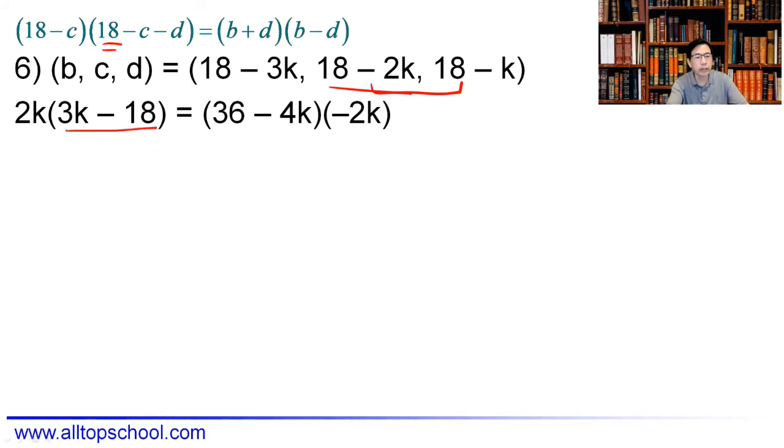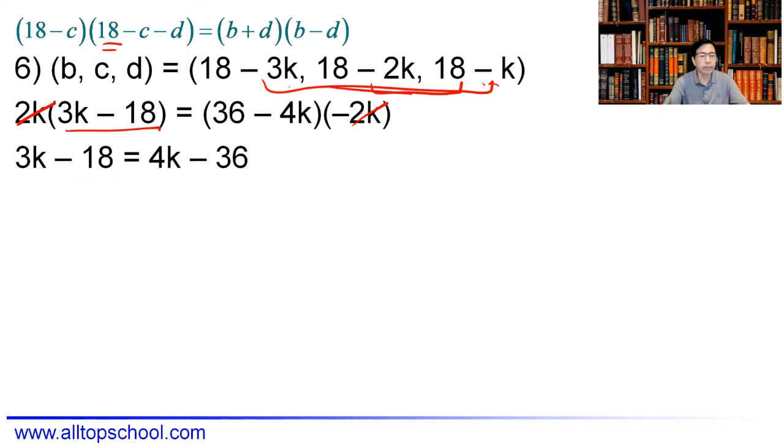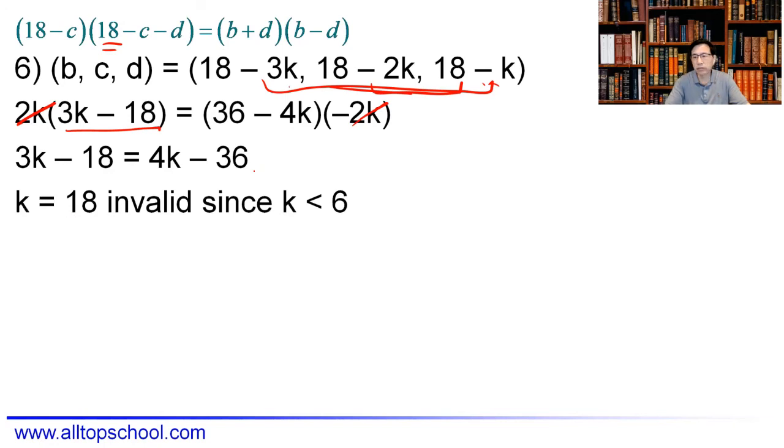You're going to get 3k minus 18. B plus D, the first one and the last one added together, 36 minus 4k. B minus D is going to be negative 2k. So you're going to cancel the 2k. So you get 3k minus 18 equal to 4k minus 36, because there's a negative here. So we solve for the value of k. That's 18, even too big, because k has to be less than 6. So the 6th case also failed.